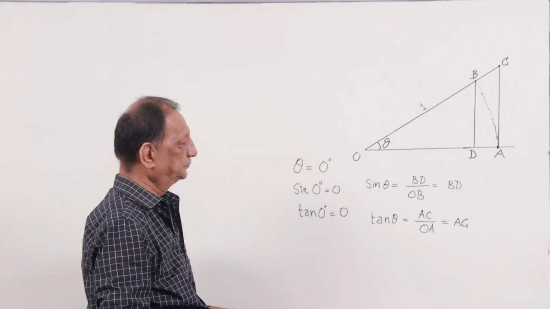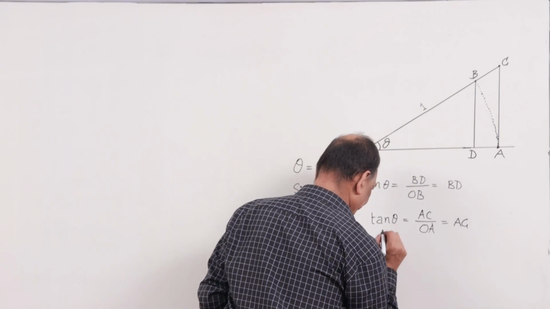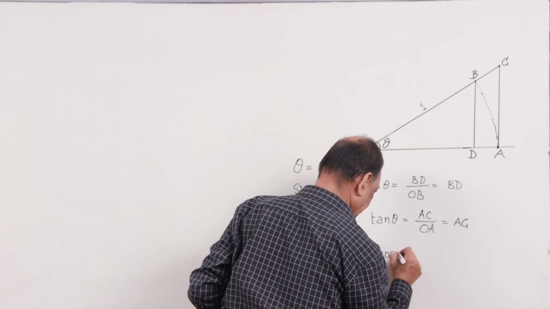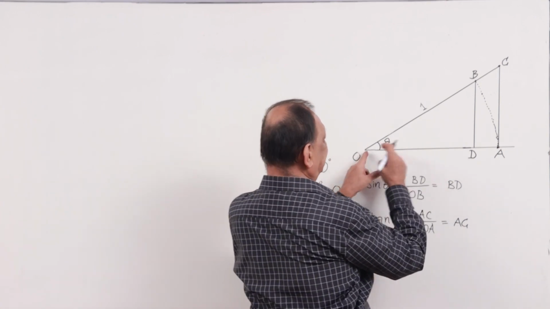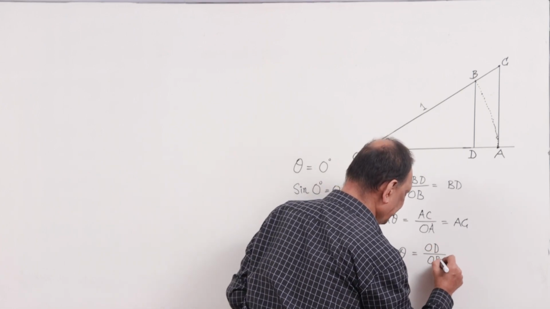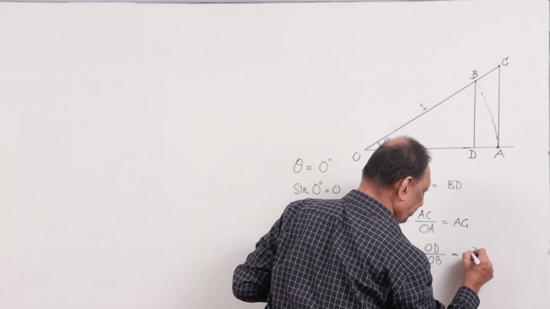Right? So then one last thing here is what is cos theta. Cos theta is adjacent side by hypotenuse. The adjacent side is OD. Hypotenuse is OB. OD by OB is OD itself, because OB is 1, we assume.